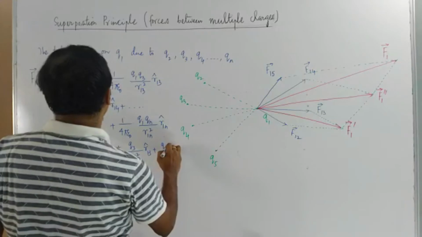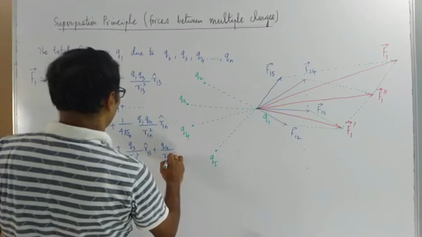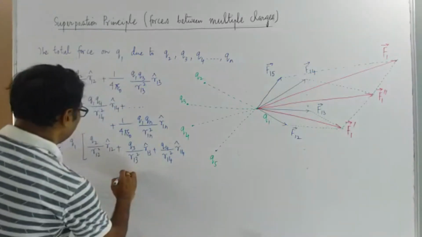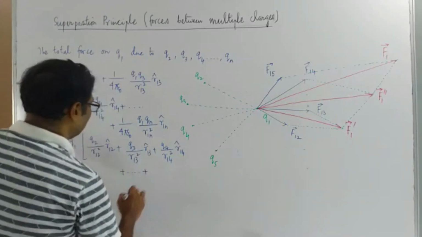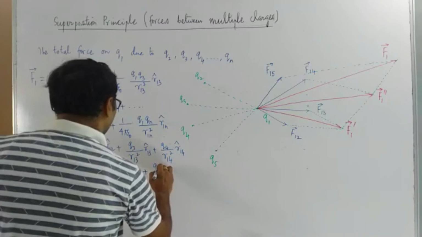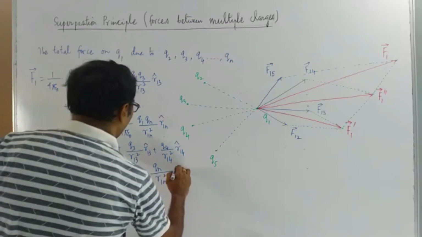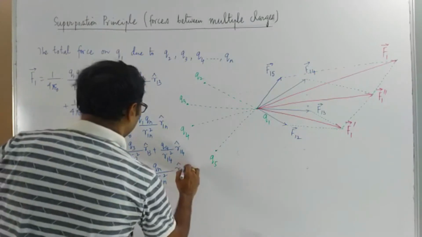Then Q4 divided by R14 square R14 cap. It continues. Last term will be Qn by R1n square R1n cap.